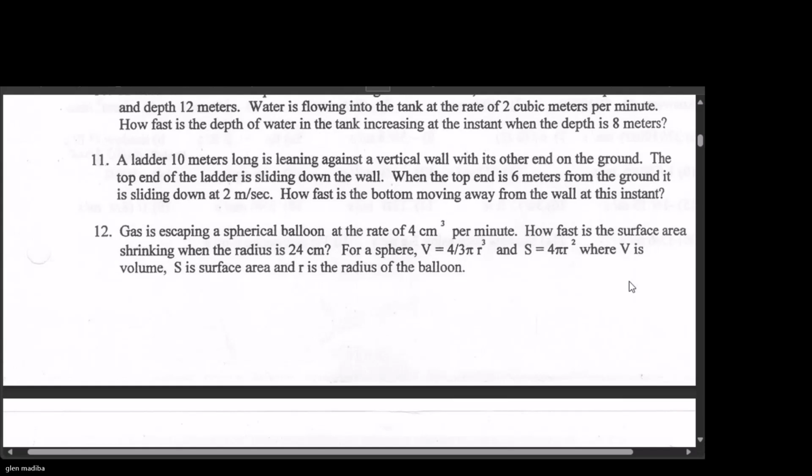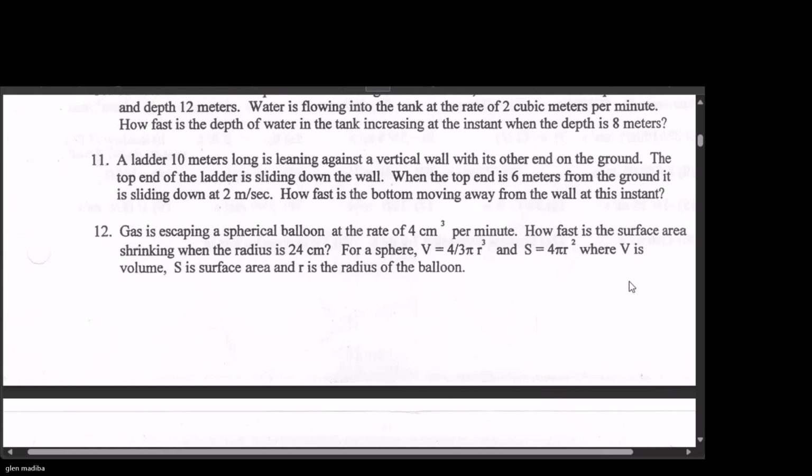So once I have that, I will use the rate that I got from this derivative of the volume, and then substitute it into the derivative of the surface area. It makes sense.